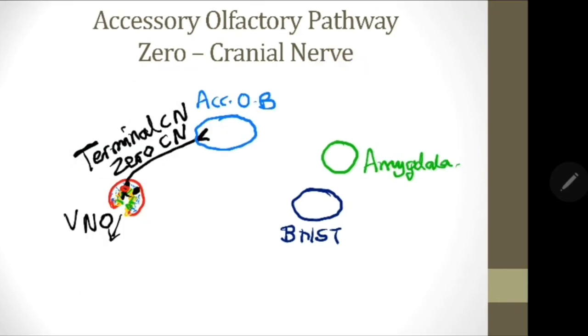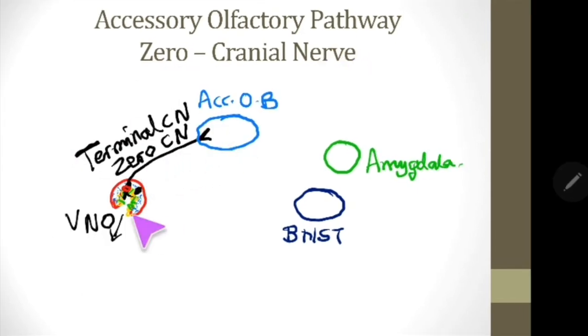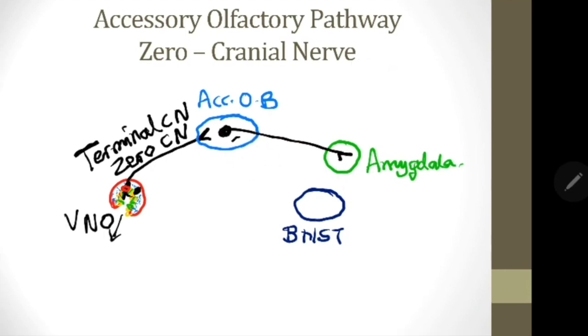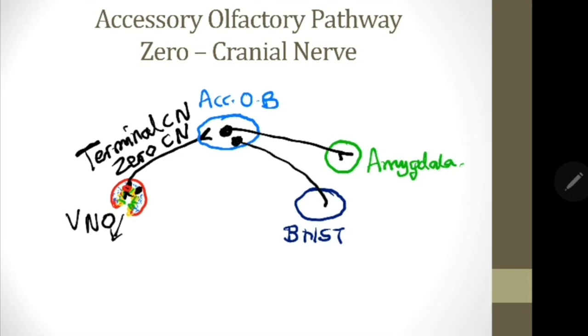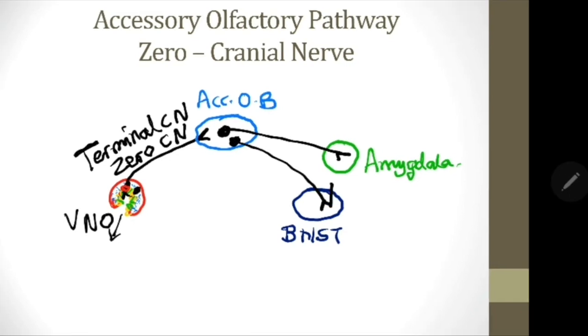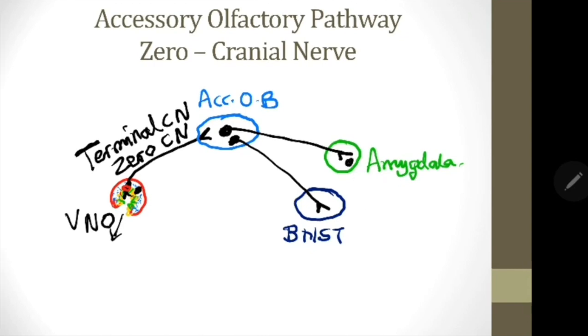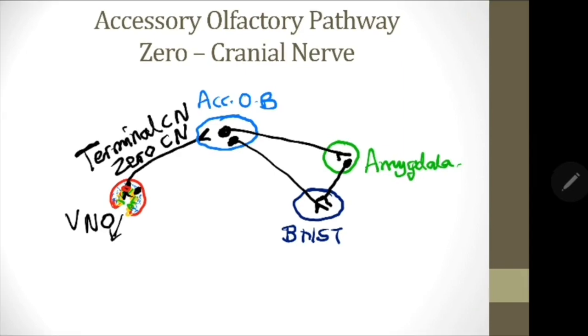Then, this was the first order neuron. So the second order neurons from here will relay in the amygdala or they might reach the bed nucleus of stria terminalis. There are cross connections, and some neurons might reach from the amygdala to the bed nucleus of stria terminalis.